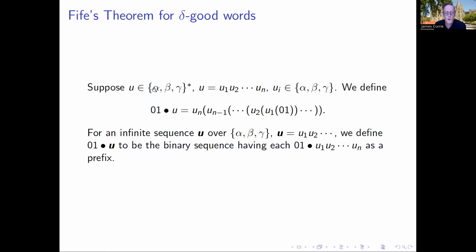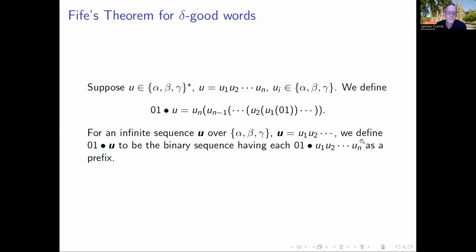Suppose u is a word over alpha, beta, and gamma. It looks like u1, u2 up to un. Then I define 0, 1 bullet u. First, I'll apply u1 to 0, 1. Then I'll apply u2 to 0, 1, and so on. So we have composition in the reverse order. First, u1 is applied to 0, 1, then u2 is applied to u1 of 0, 1, and so on.